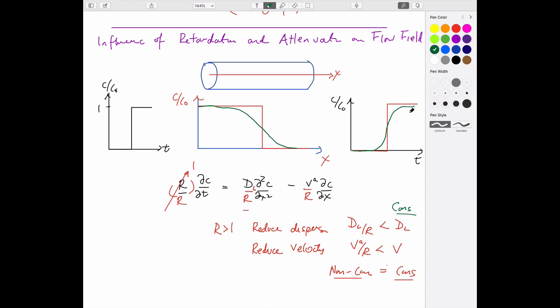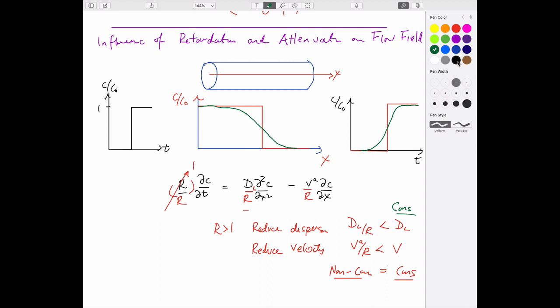You would actually join 1 there. A bit of eye-hand coordination out of sync here. So this is what the conservative plot would look like.